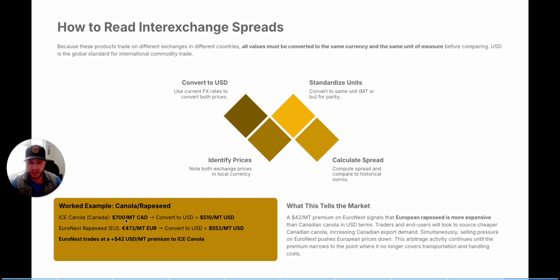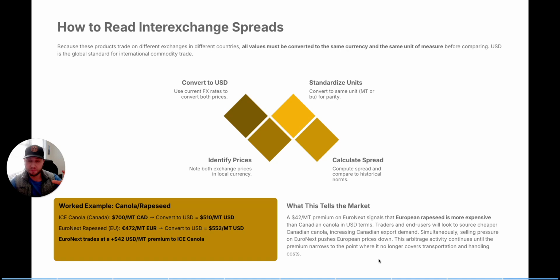So we'll convert the CAD over to USD, and we'll convert the euro over to USD to figure out what that price is, right? And then we subtract the difference, and we find that Euronext has a $42 USD per metric ton premium to ICE. So what this tells us is that Euronext rapeseed is more expensive than Canadian canola in USD terms. So traders and end users will look to buy this cheaper Canadian canola and ship it to the EU market and sell against the higher Euronext price.